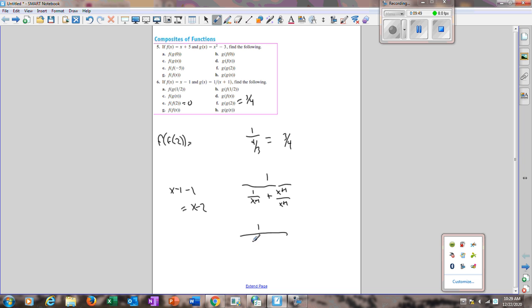So it's 1 over x plus 2 over x plus 1. We're going to flip that. It gives us x plus 1 over x plus 2. So that's 5 and 6.